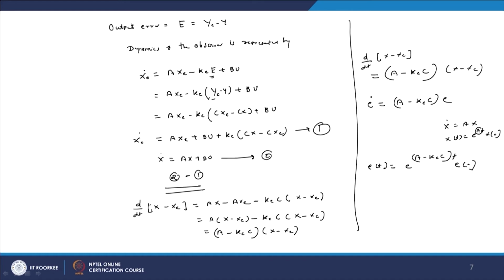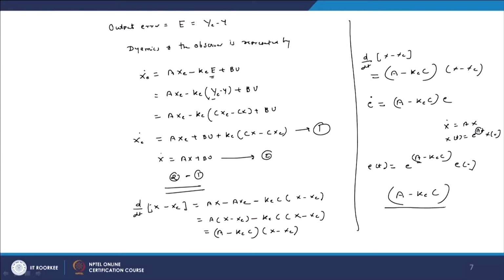That means the minimization of error depends upon the eigenvalues of A minus K C. The sooner the error reduces to 0, the better it is for our estimation.